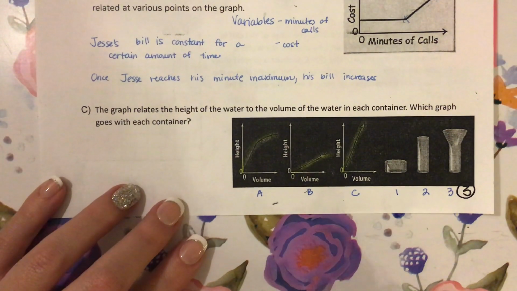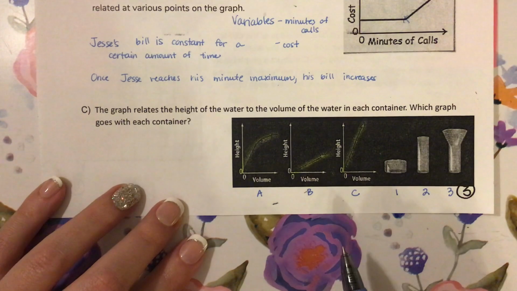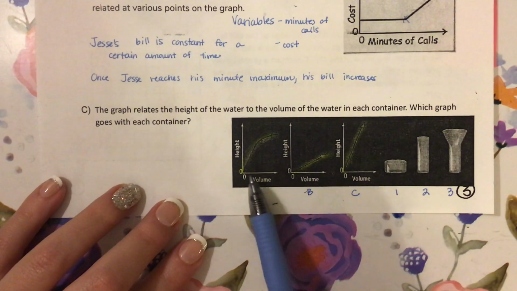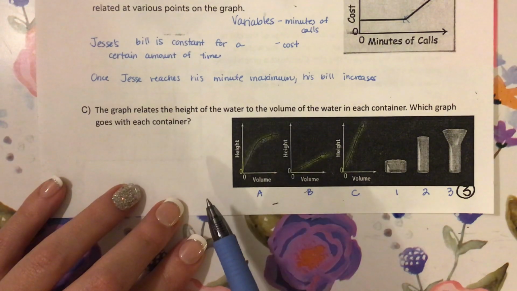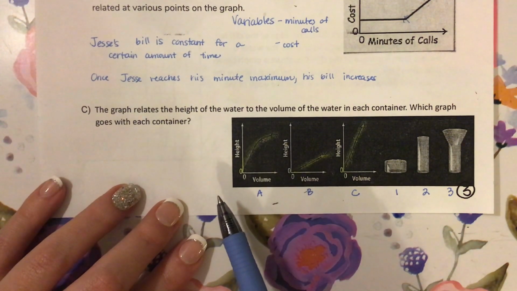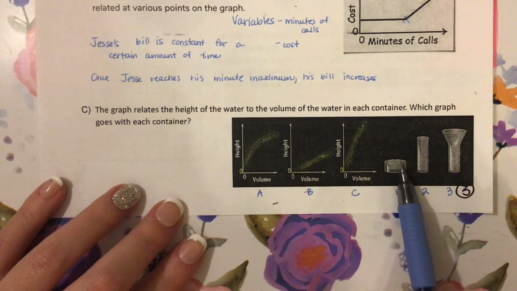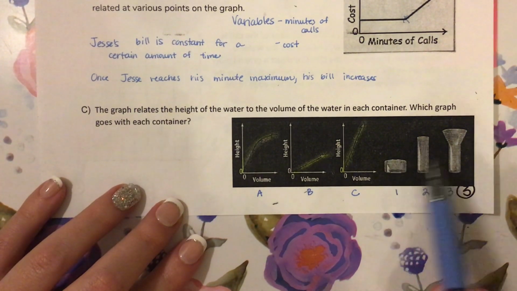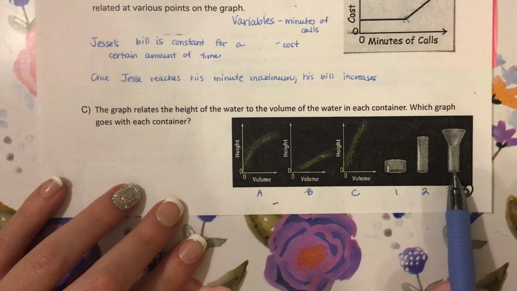Now what I want you to notice first off, graph B and graph C are both straight lines, while graph A has a curve in it. We might be able to relate that to the shapes of the beakers that this water is in as well. Notice how this is straight up and down. This cylinder is straight up and down, but this cylinder has a funnel on it.